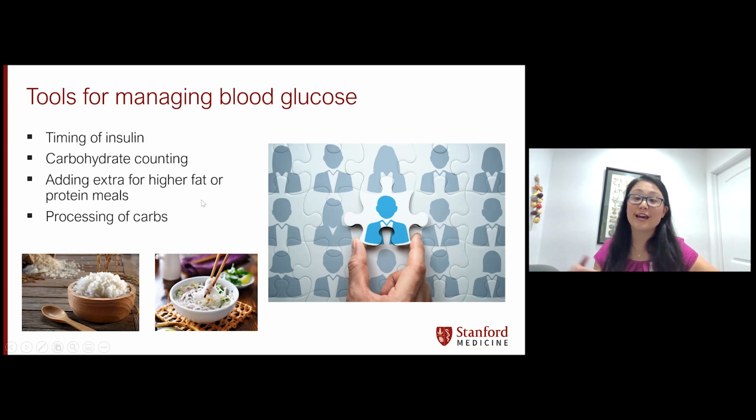Not that we want to count the rice or the noodle bowl differently and give more insulin for it, but that helps us understand the timing in which we want to give our insulin. So faster digesting foods can get a little bit more of a pre-bolus. But again, like these puzzle pieces, you're definitely a unique individual, and we want to make customized goals.